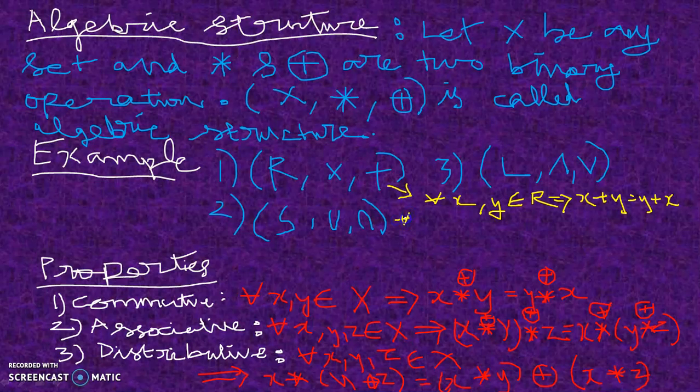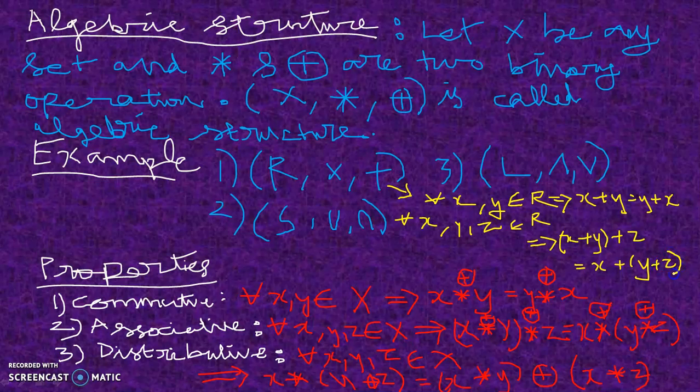For all x, y, z definitely belonging to R implies the associative property says that (x plus y) plus z equals, associating the last two elements, x plus (y plus z).